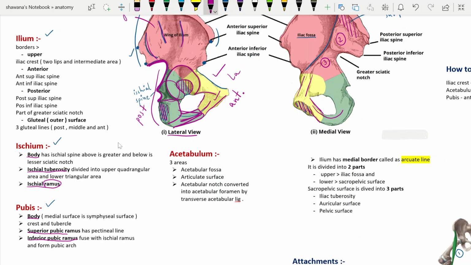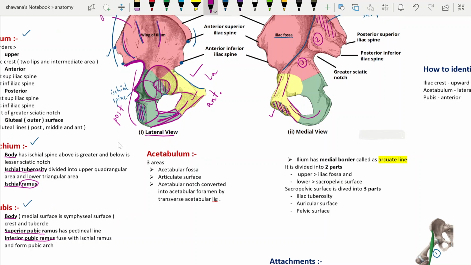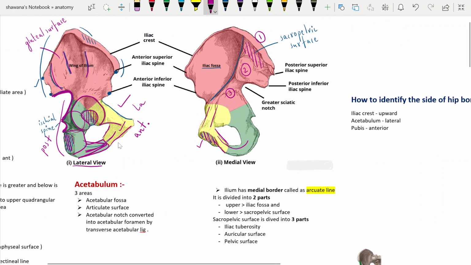So let's revise. The pubis consists of the body, and on the medial aspect it has the symphysial surface. On the upper part it has the superior pubic ramus, and on the lower part it has the inferior pubic ramus. The other important structure regarding the pubic bone is the acetabulum.